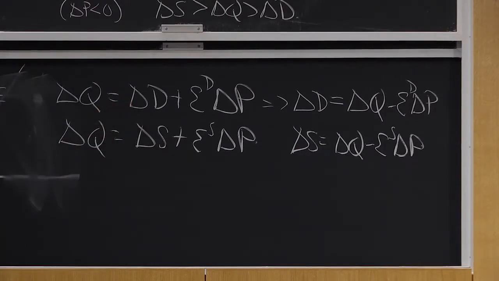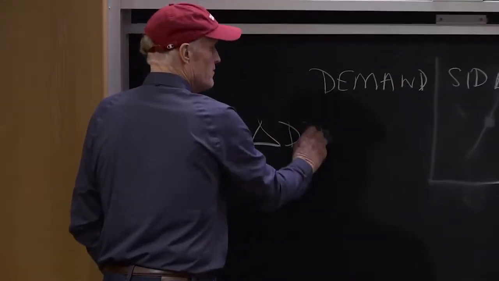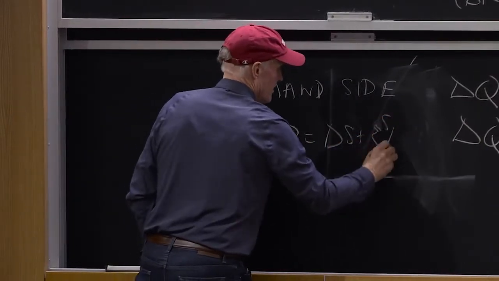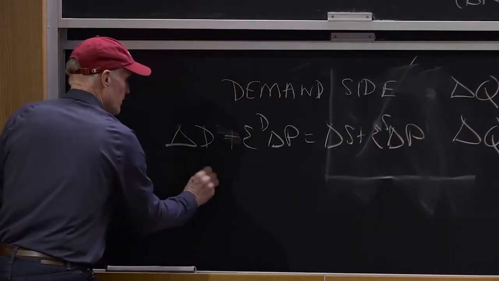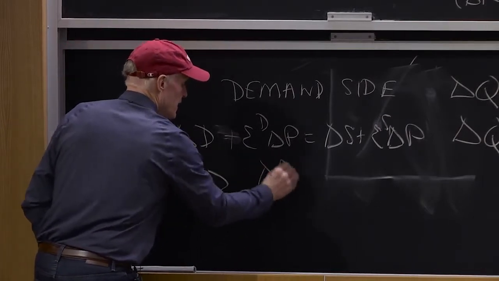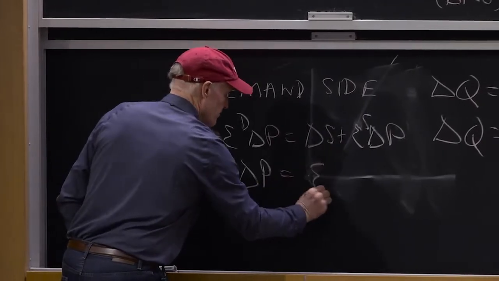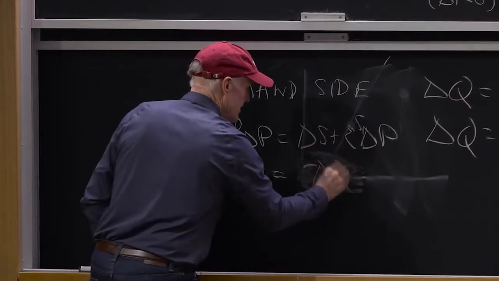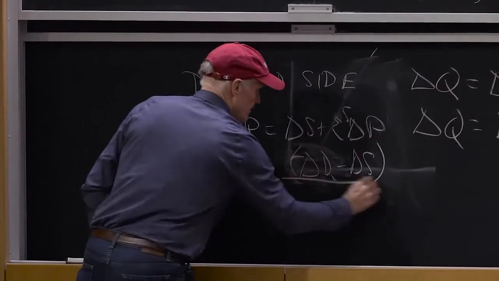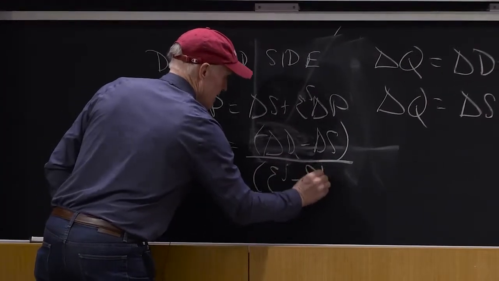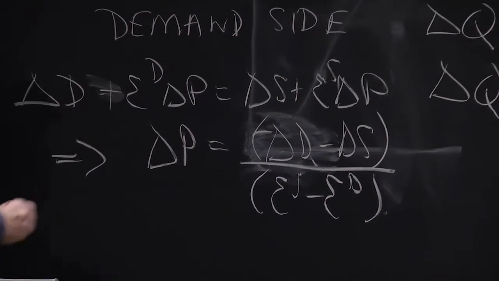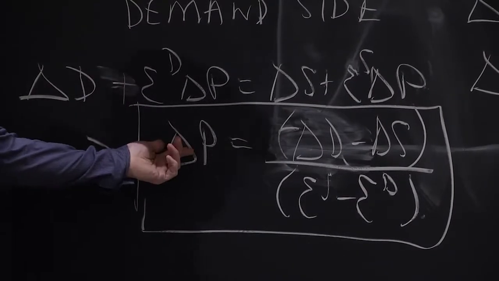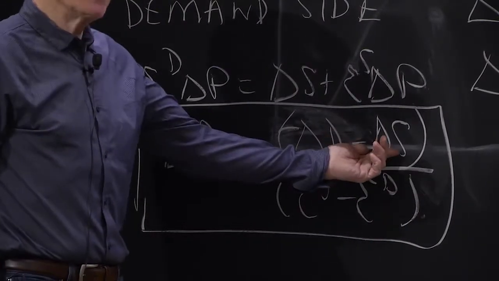You get delta D plus epsilon D delta P equals delta S plus epsilon S delta P. That implies delta P equals delta D minus delta S divided by epsilon S minus epsilon D. So that's our standard formula we get in economics that tells us the change in price depends on the increase in demand minus the increase in supply.